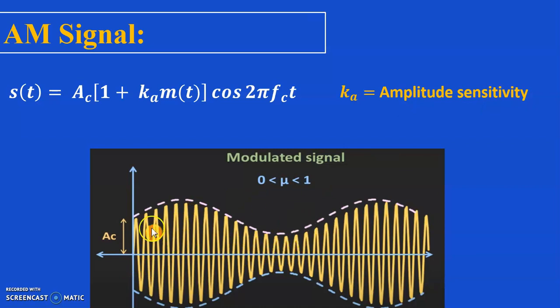So here we have the AM wave signal or the modulated signal. So the amplitude modulated signal s(t) is given by Ac[1 + k_a m(t)]cos(2π fc t). And as we said, k_a is the amplitude sensitivity. So this is a generalized expression for the AM signal.